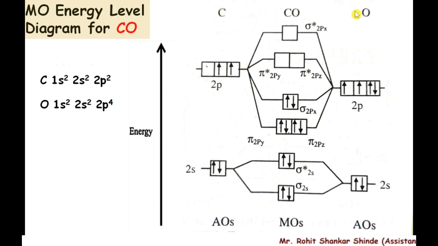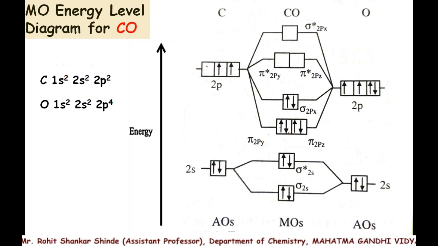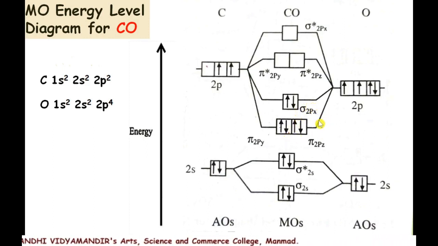Since carbon monoxide possesses 14 electrons, and we have seen that if any molecule possesses less than or equal to 14 electrons, then sp interaction takes place, and in such a case sigma 2px possesses higher energy than the degenerate molecular orbitals.